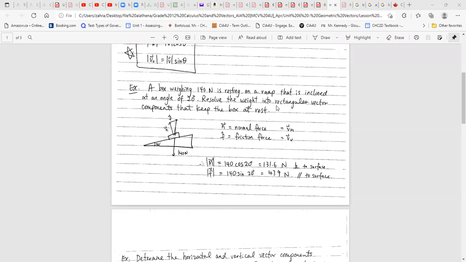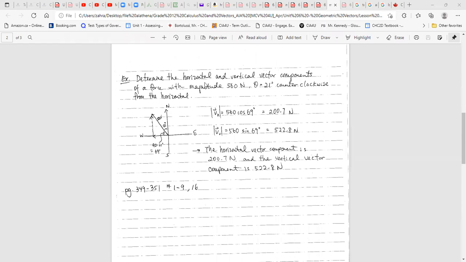Here is another question. Determine the horizontal and vertical components of a force with a magnitude of 560 Newton at 21 degrees counterclockwise. So you go counterclockwise from north, 21 degrees. Then 90 minus 21 is going to be 69.